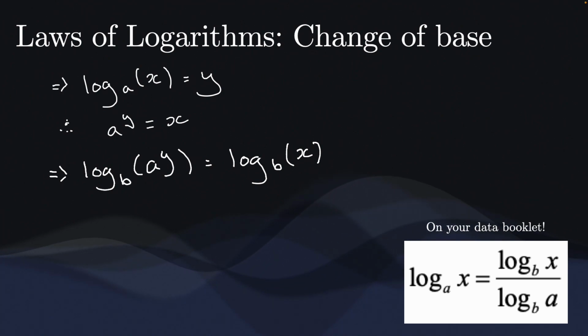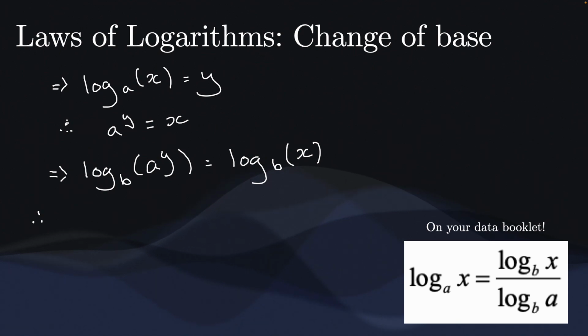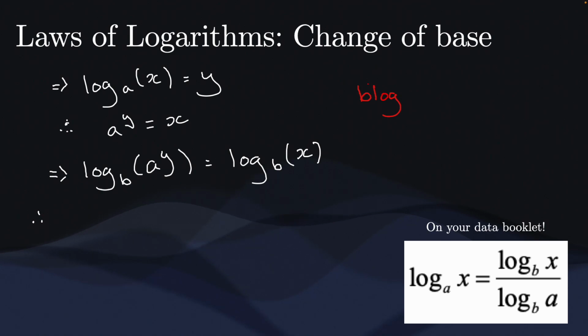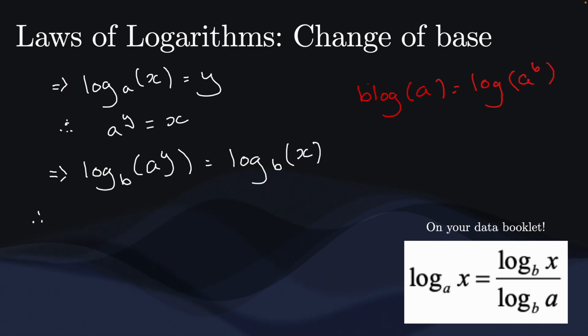Now, what can we do to that? Well, remember our other rule, our log power rule, which says that m times log of a is equal to log of a to the m.